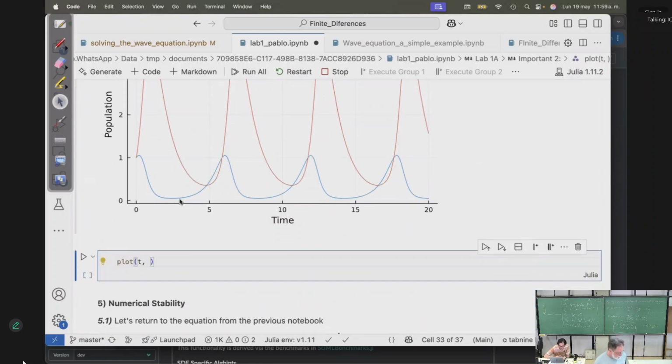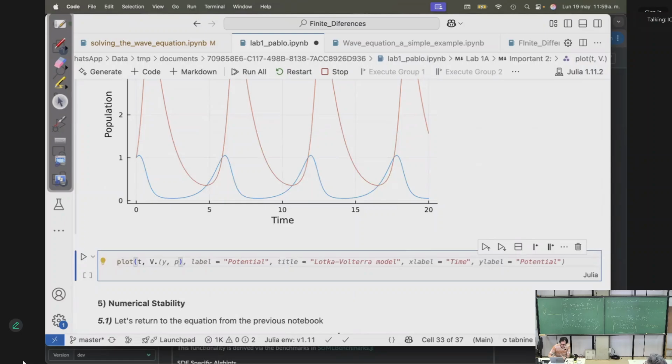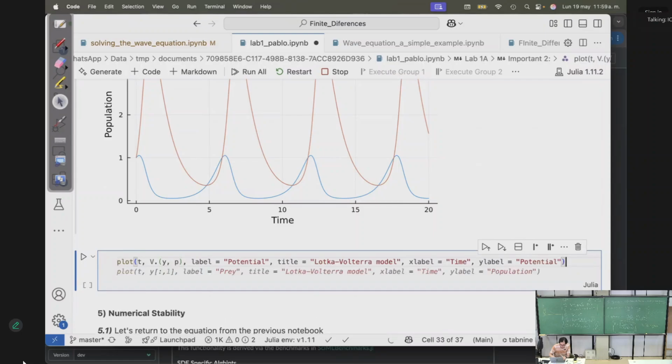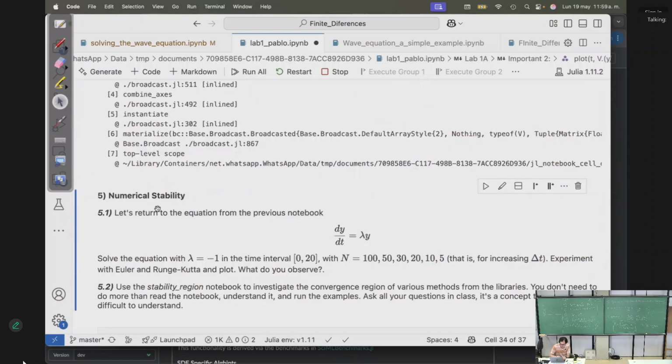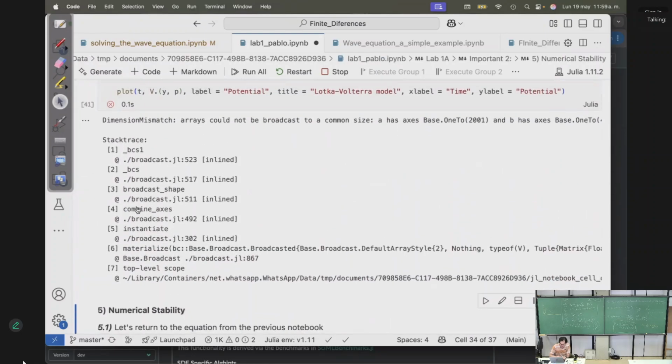We'll put b applied on y times p. Let's see if this works. No, it's not doing the broadcast.